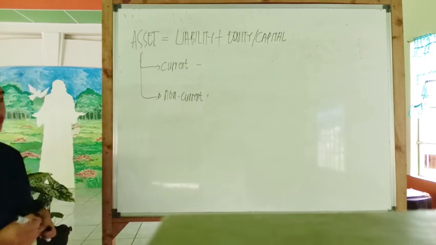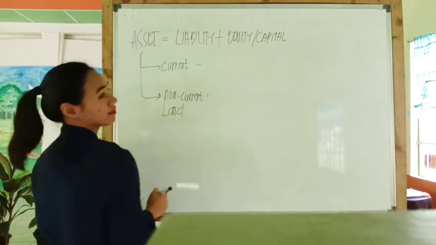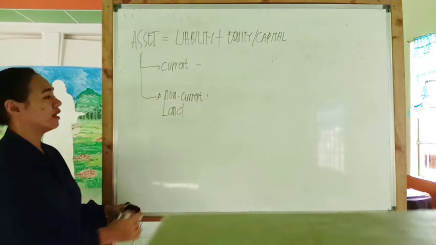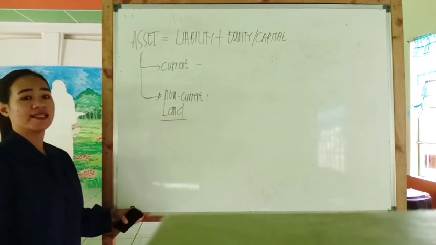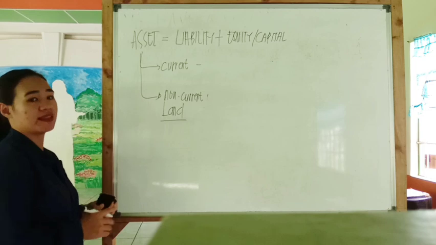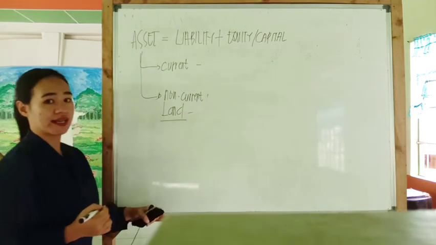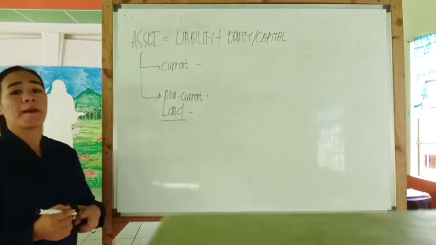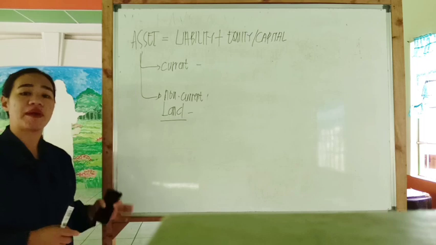Number 1, sabi dyan, land. Alam ko naman na alam natin yan. Okay, so land. As long as hindi siya binibili and then nire-resale, that is considered as non-current asset. Anong gagawin natin sa piece of land na binibili ng business? Bibilhin ng business and then ibebenta agad.